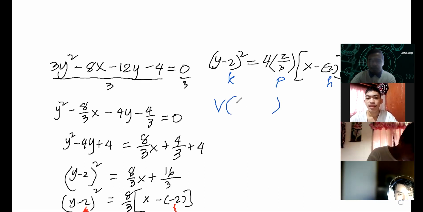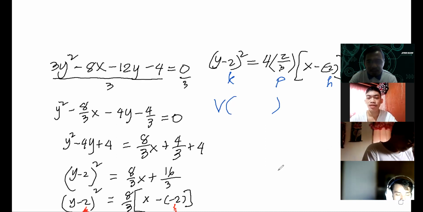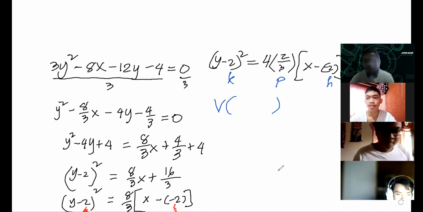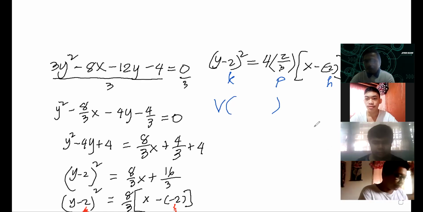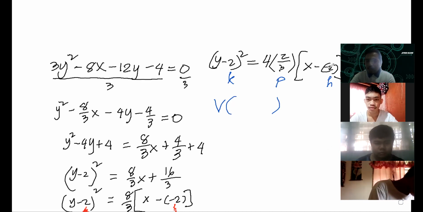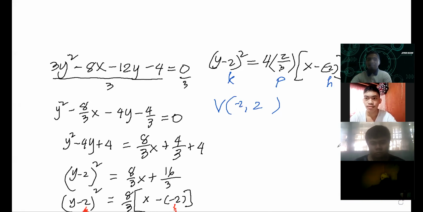Answer. Negative 2 and 2. Do you agree? Yes, sir. Negative 2 and 2. So your H is negative 2, right? And your K is positive 2. And that is correct. Very good.